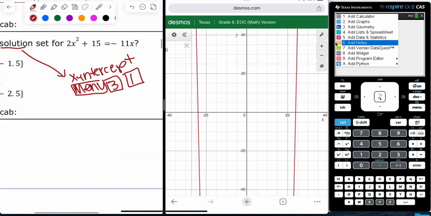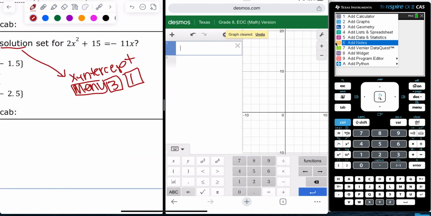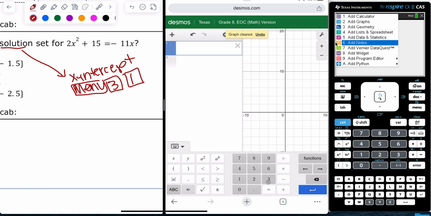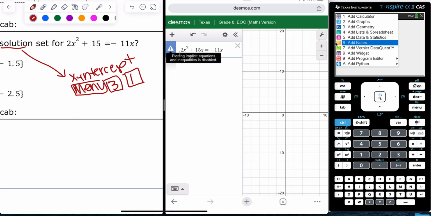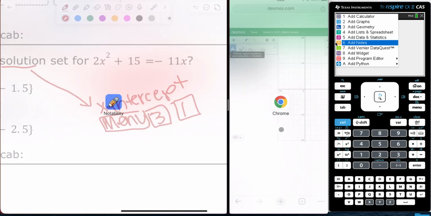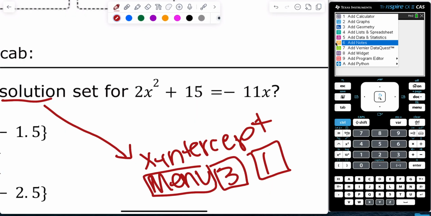So we're going to delete this, and we're going to do 2x squared plus 15x equals negative 11x. And see here, it tells me this is disabled. It's telling me, hey, this isn't good. It doesn't say try adding y equals. It just says no. So I know Desmos is wrong. So I know it can't be this.